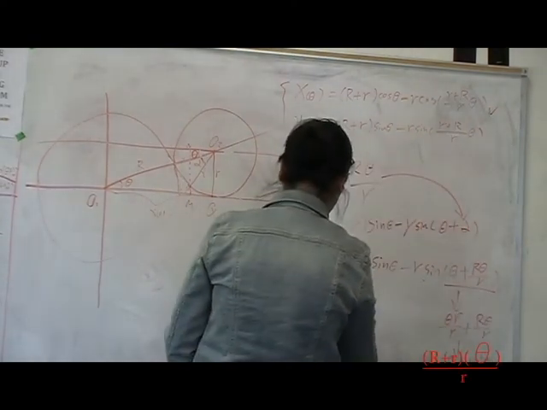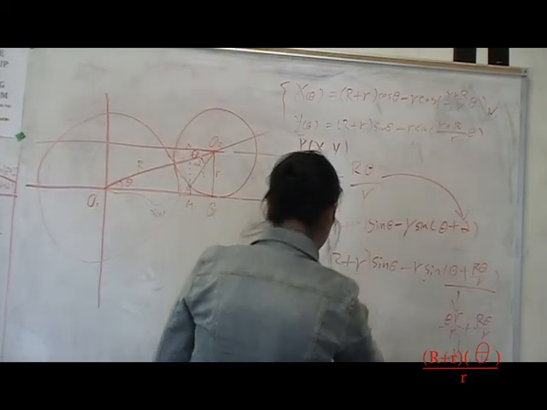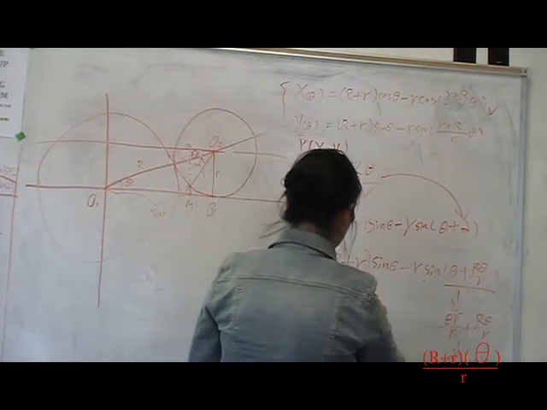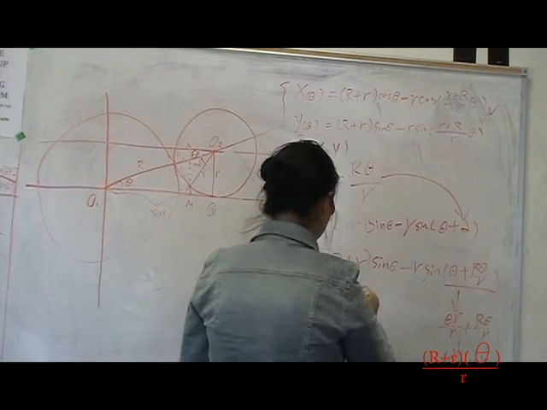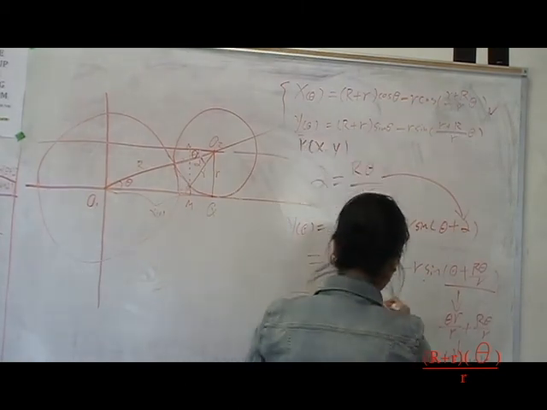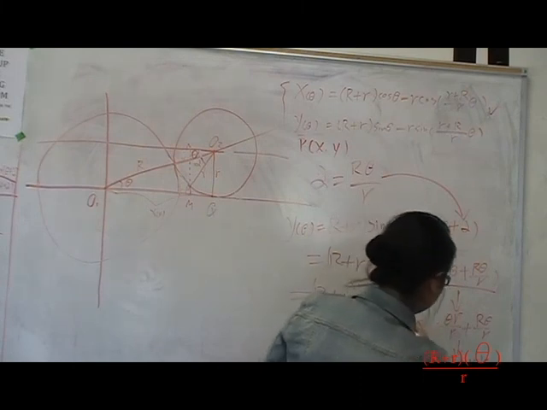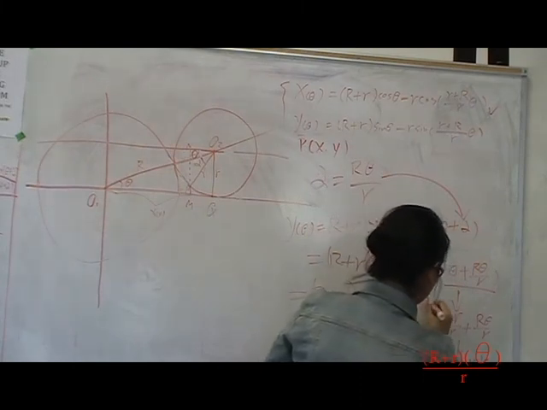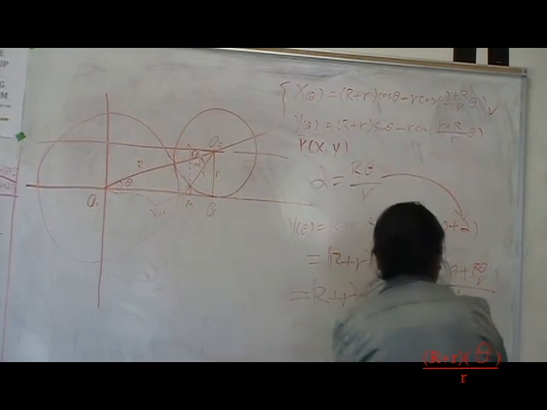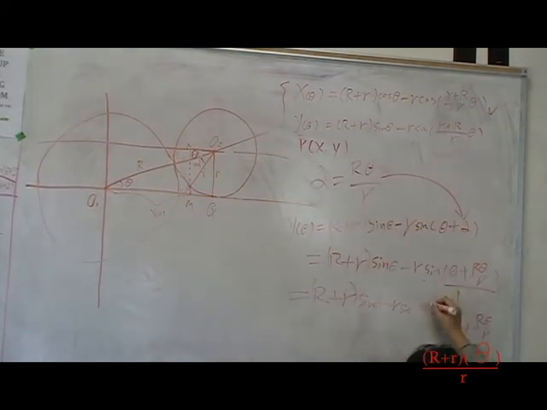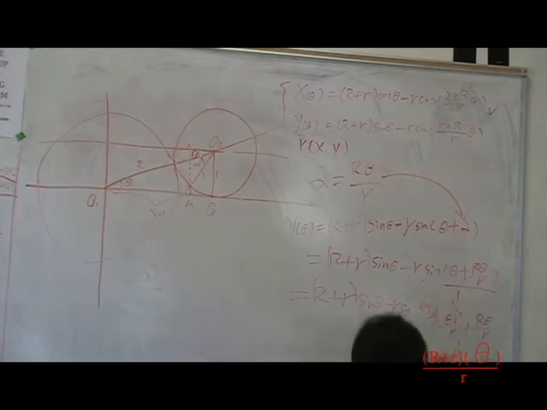And then finally we got big R plus small r times sine theta minus r sine of big R plus small r divided by small r times theta.